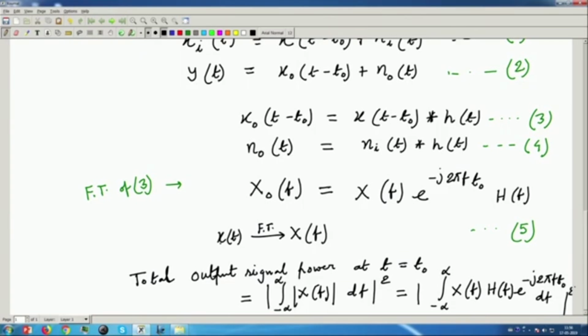So, this I know, and let me call this equation number 6.